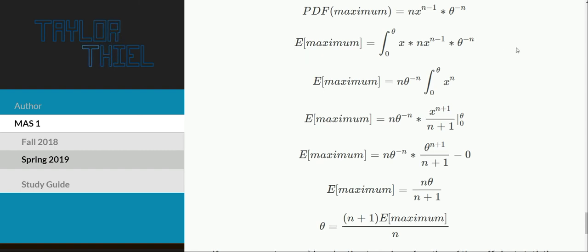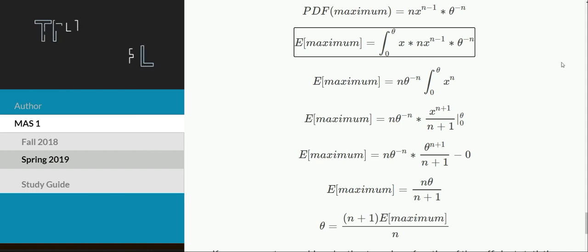So we're just taking that probability weighted average, ranging from 0 to theta, of all possible values it could be. You can pull out the n theta to the negative n, and all you're left with is x to the n, because it was x to the n minus 1, but we multiplied by x, so that just goes into the exponent.